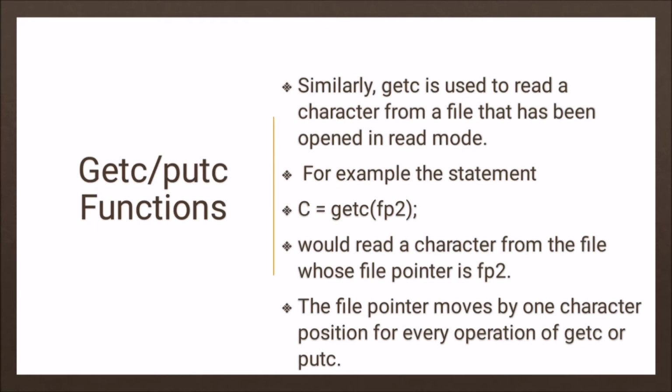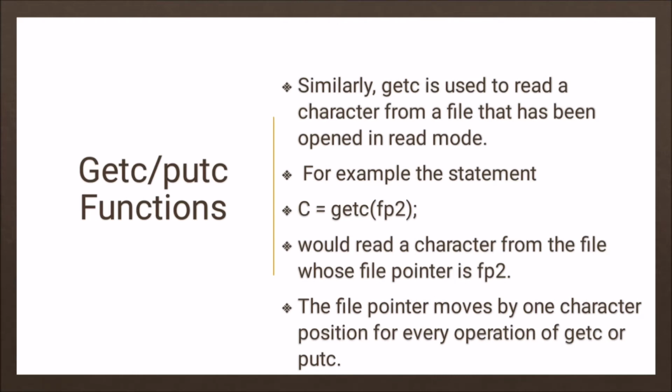Now similarly, getc is used to read a character from a file, not from the console which we are using for input and output. The file has to be opened in read mode.